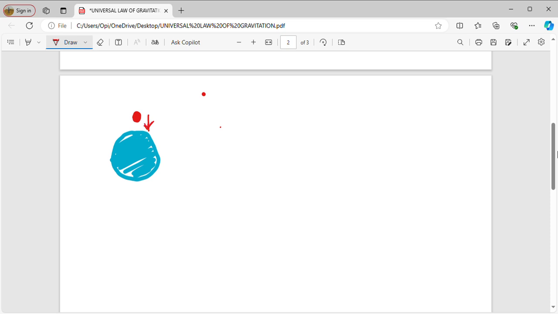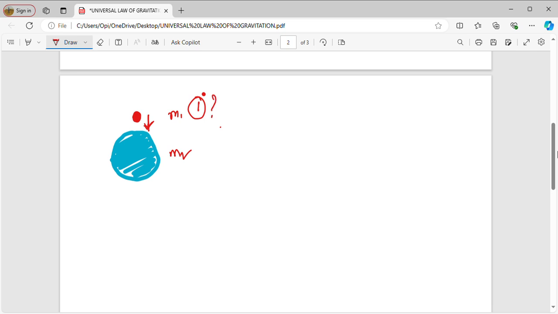So the question arises: when we say there is equal force of attraction between these two objects, say this is M1 and this is M2, why does M2 not give equal acceleration towards the apple? That is our question.